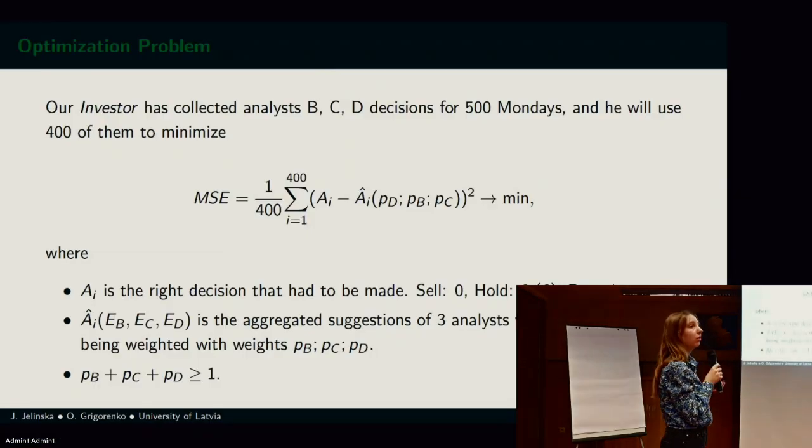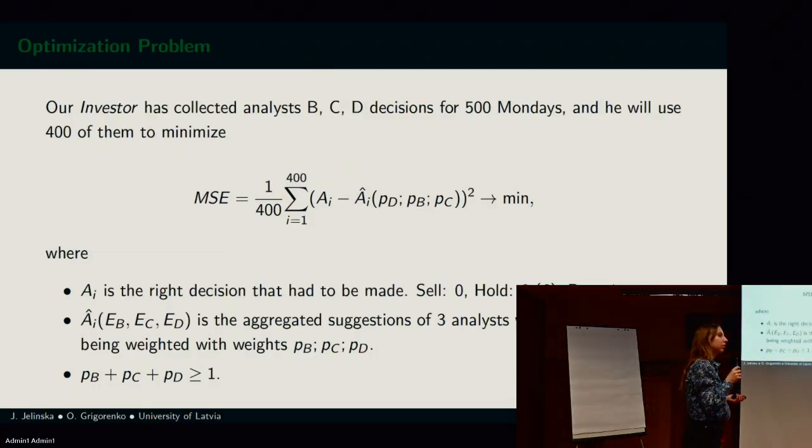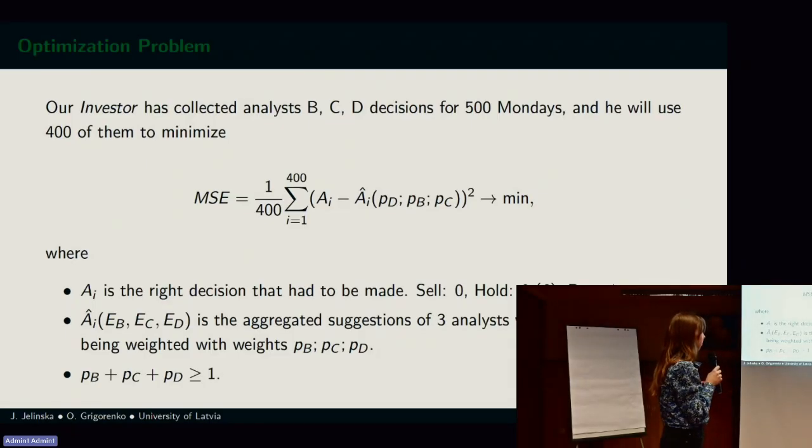Yes, sorry? Yes, based on the past, how many values we have in this case? We had 500 values in the past, and we took 400 of them to do the optimization problem, and then 100 to test it, just to be sure.